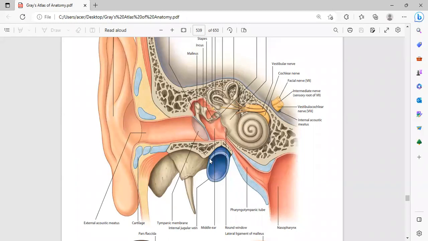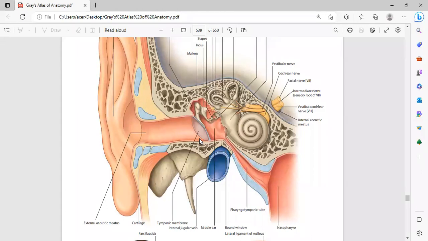The bone, remember we said that inferiorly it is made up by the tympanic part of the temporal bone, and superiorly it is formed by the squamous part of the temporal bone. Right, the external auditory meatus. Okay, so this external auditory meatus is covered by skin. The skin of the pinna will continue inwards to line the bone and the cartilage.